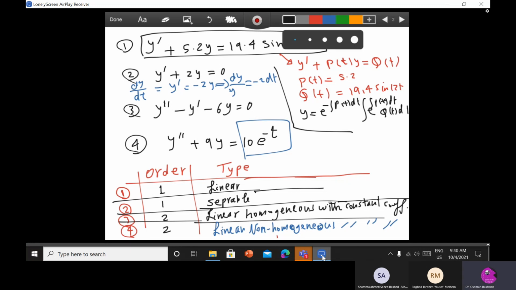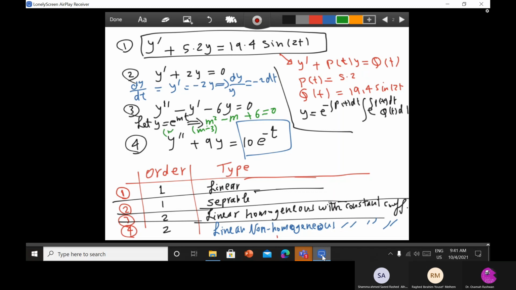Next, this one I can solve by letting the solution y be e to the mt, or rt, as you like. This substitution will change this into an algebraic equation. What will the algebraic equation be? y'' will be m squared, y' will be m, and y will be 1. Now I will have m1 and m2, by factorization or by calculator, doesn't matter.